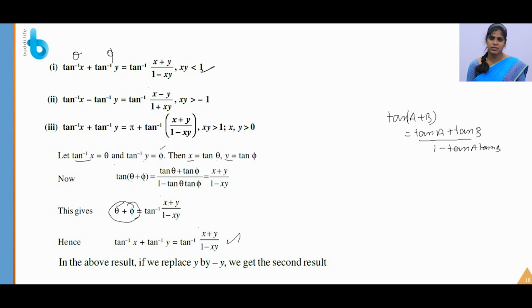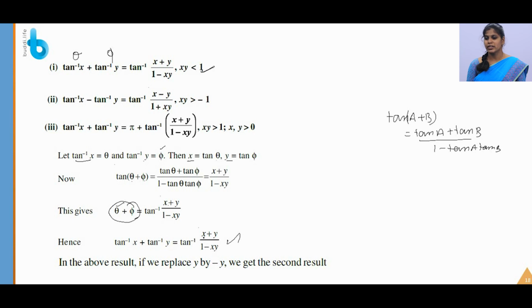In the same way you can practice the other two properties also. Now see, in this result, if we replace y by minus y, we get the second result. In here if I change y by minus y, I will get tan inverse of x minus tan inverse of y.